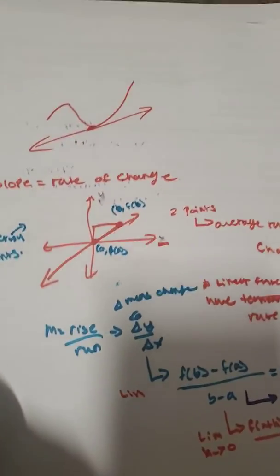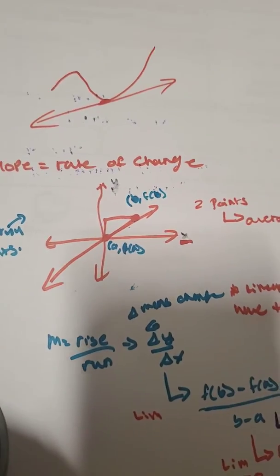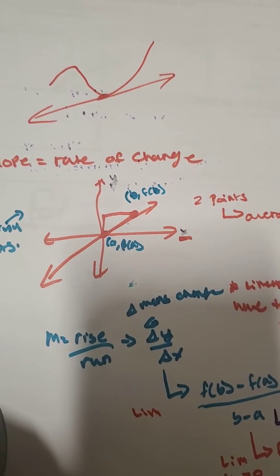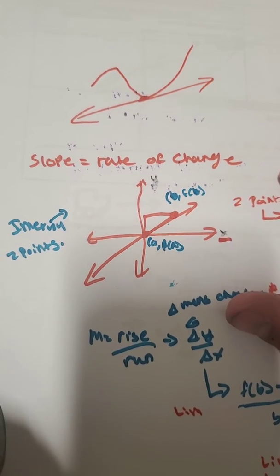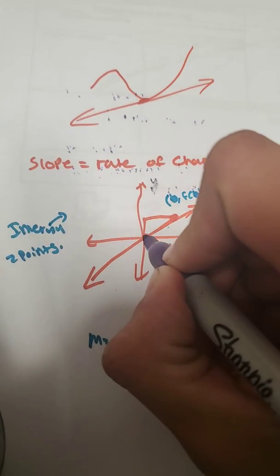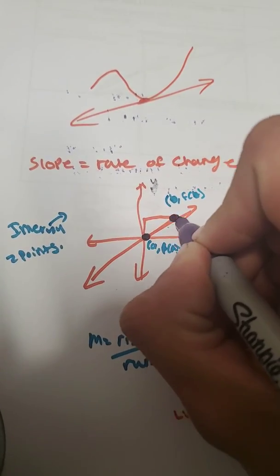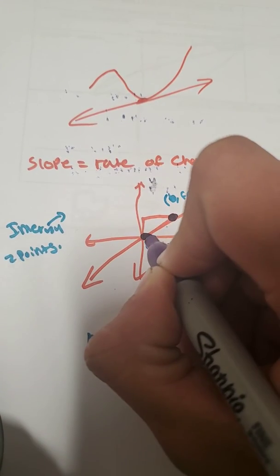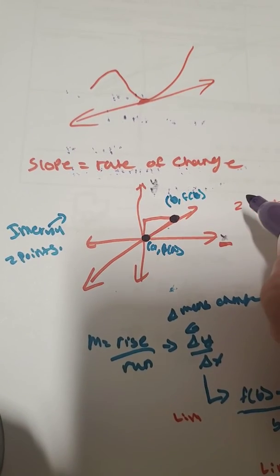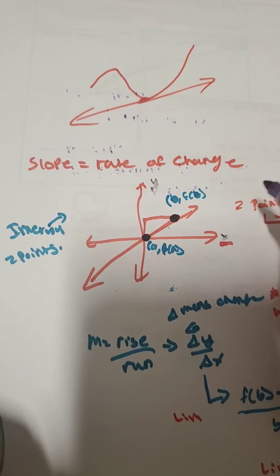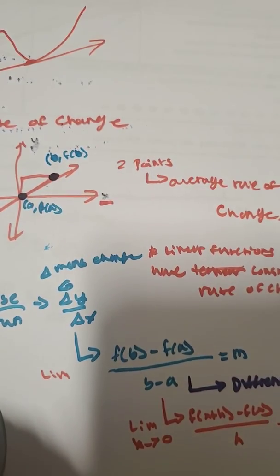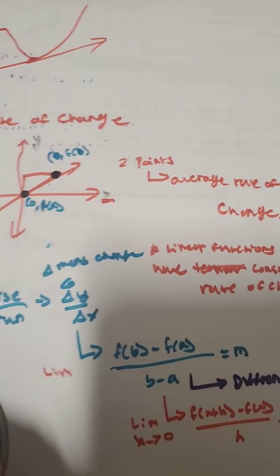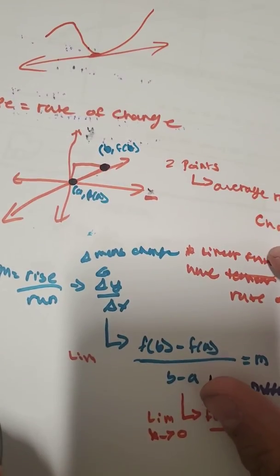All right. So in the broader picture, moving past linear functions, we call the slope the rate of change, and basically the slope that we're covering now is rise over run, or change in y over change in x. We call that the average rate of change.